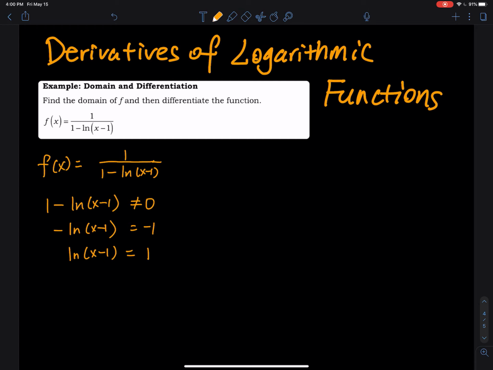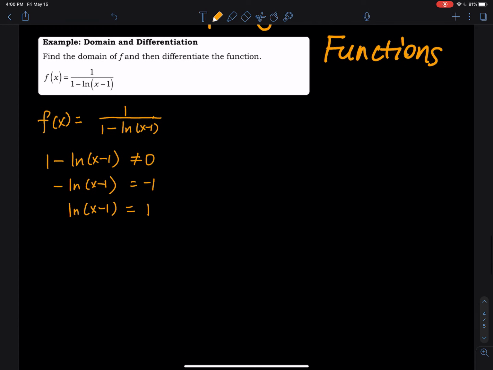So this one is e to the first power equals x minus 1, and then e plus 1 is equal to x.